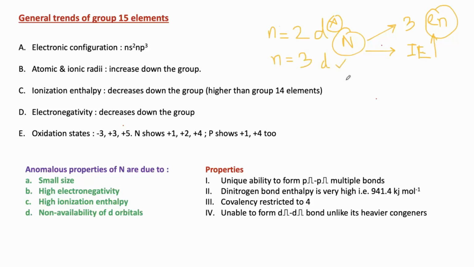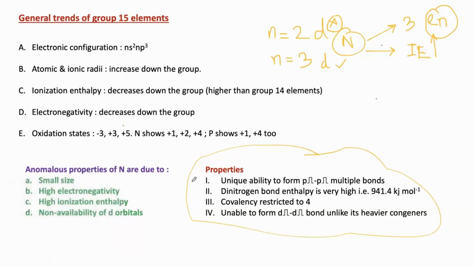Since nitrogen has principal quantum number 2, it does not possess any d orbital. That's why it cannot expand its octet or its valency. For these reasons, these are the anomalous properties that nitrogen shows.